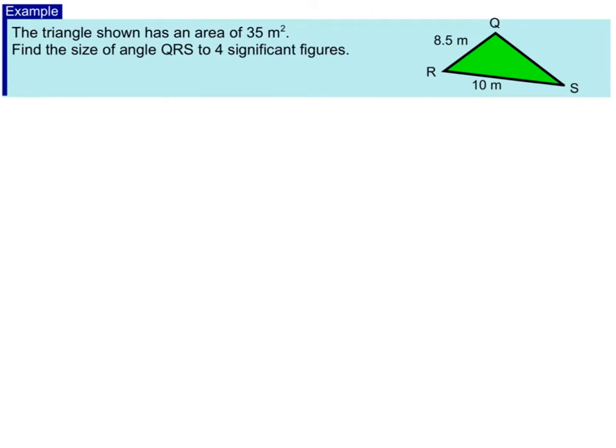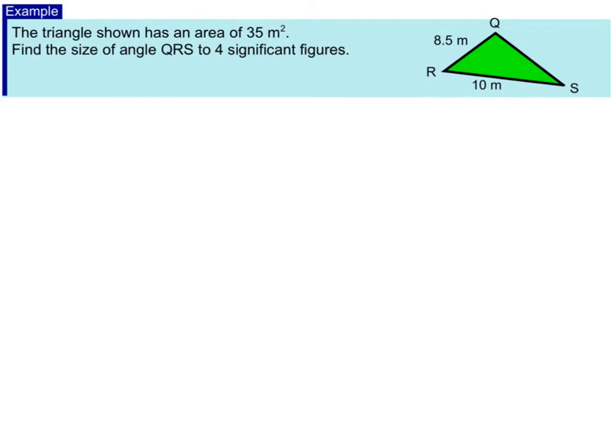Now, what you may be asked to do is something like this, where we have the area and we need to find one of the missing dimensions. So the setup looks very familiar. It's this sort of V shape, and we've been told the triangle shown has an area of 35 meters squared.